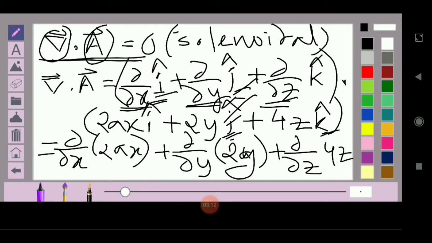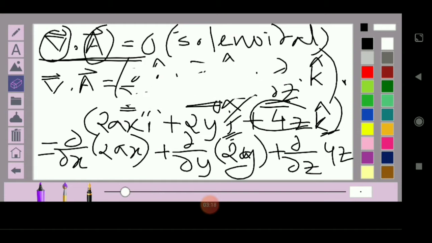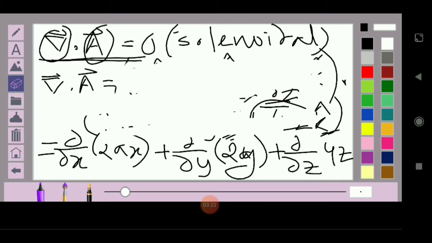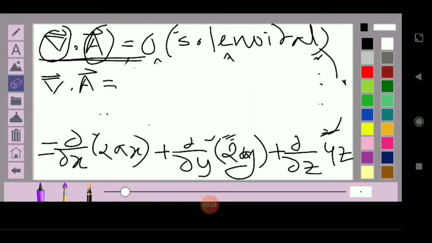Because the k hat component of the A vector is 4z. So let's perform it. Here del x of 2ax means the partial derivative of 2ax with respect to x only.